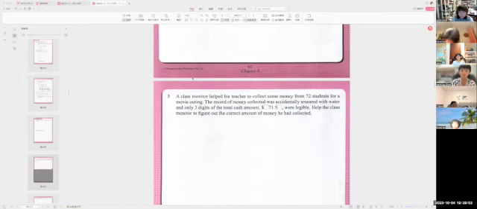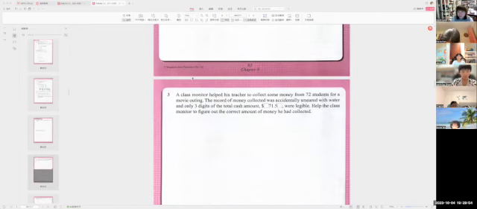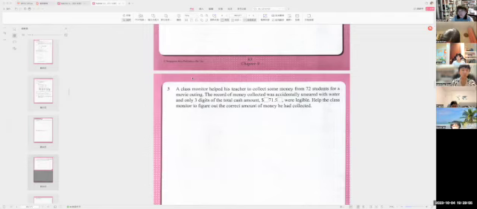A class monitor helped his teacher collect some money from 72 students for a movie outing. What does that mean? A total of 72 children pay money to watch a movie, right? Now, children, let me ask you: the money they collected must be divisible by 72.